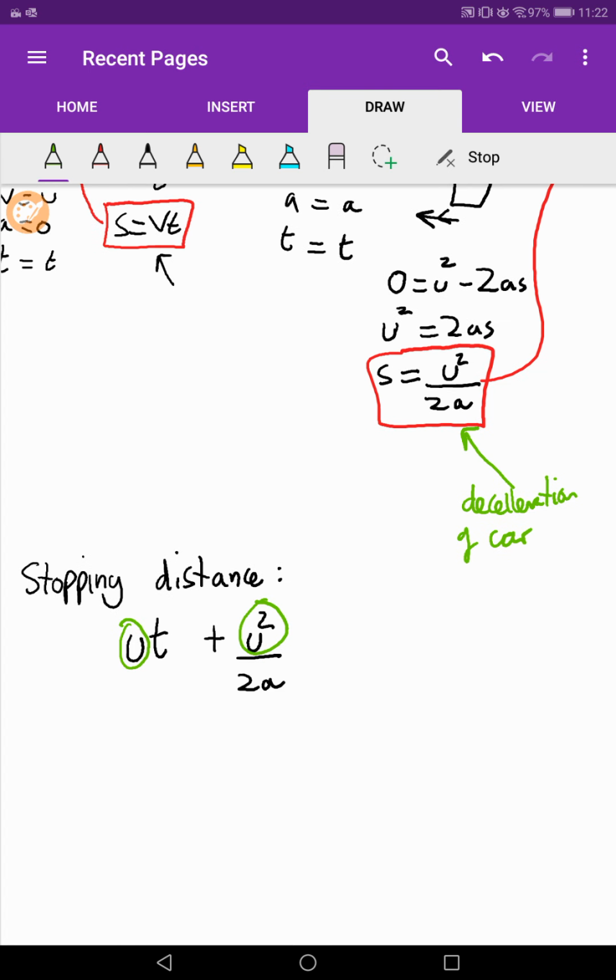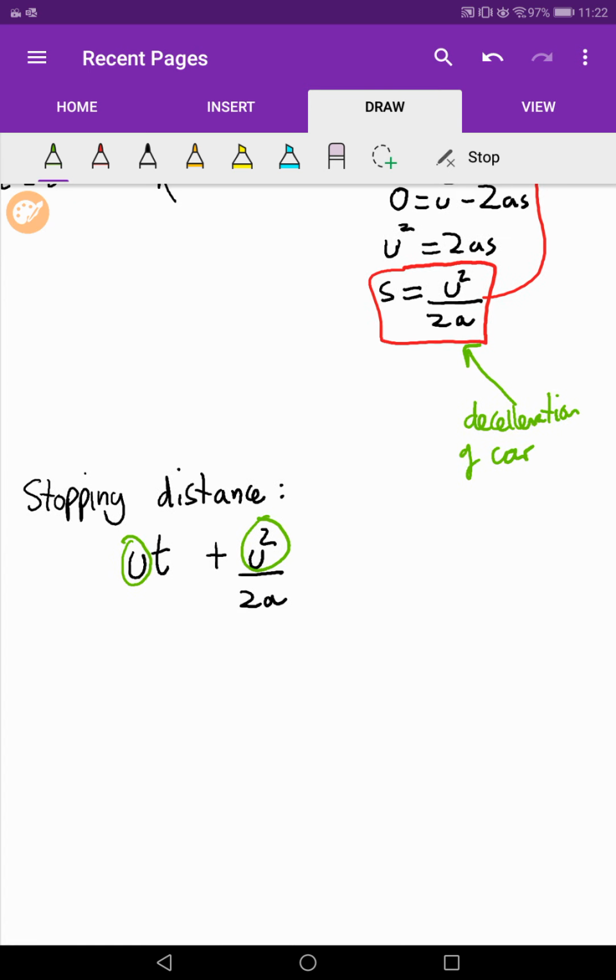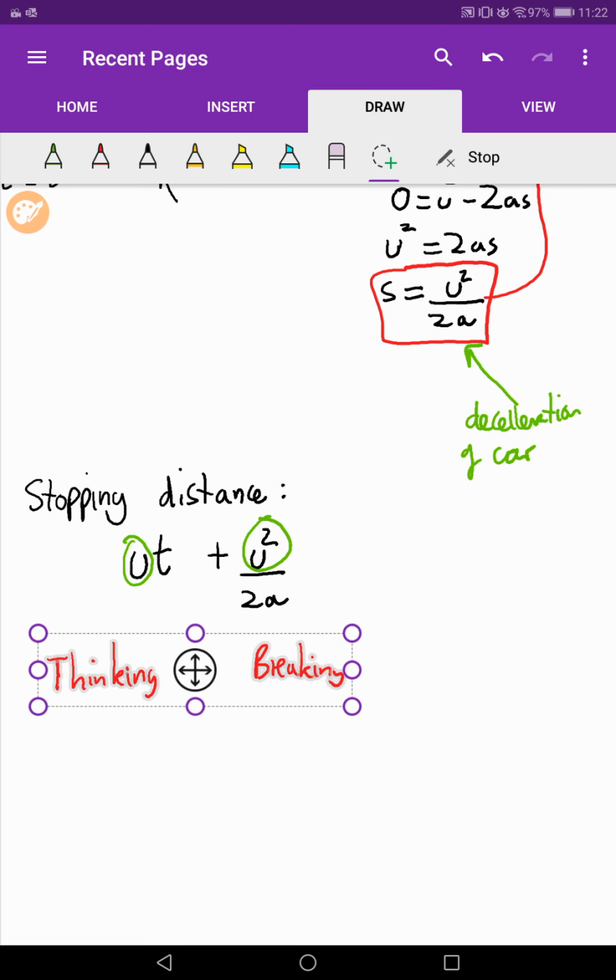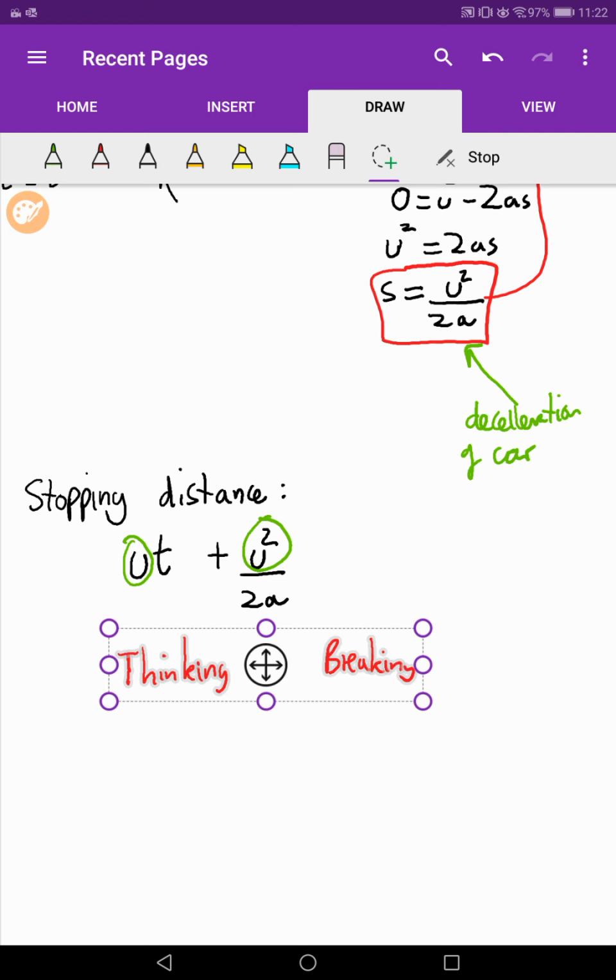So let's just look at some sample data. So let's do a little table. We've got thinking and braking. If I just move them over a bit so I can tell you what speed we're going at.